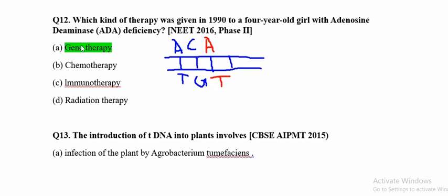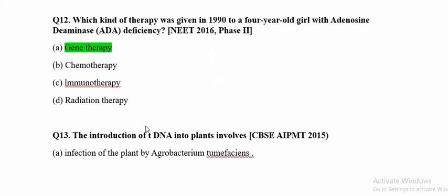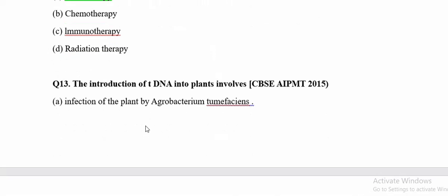So the question asked here: which kind of therapy was given in 1990 to a 4-year-old girl with adenosine deaminase deficiency disorder? Gene therapy was given to that girl. So this is the technique of gene therapy. Now going to question number 13.